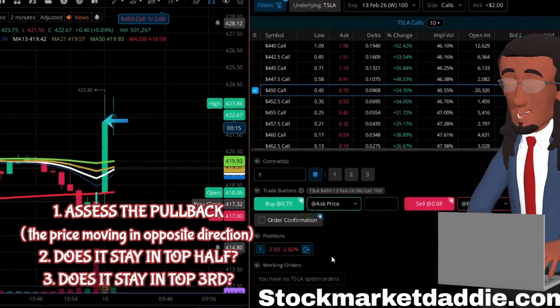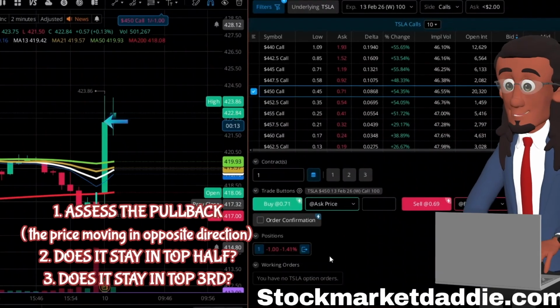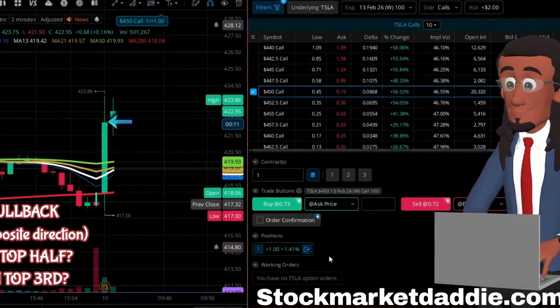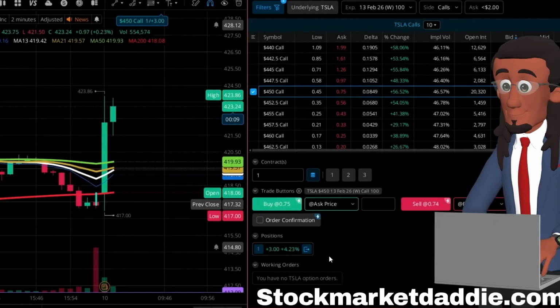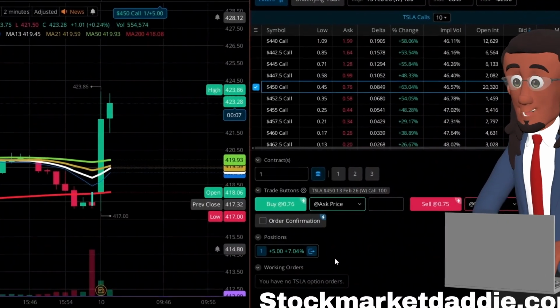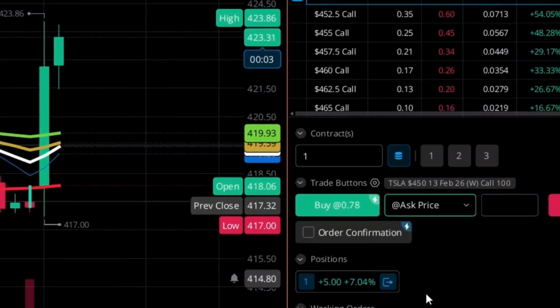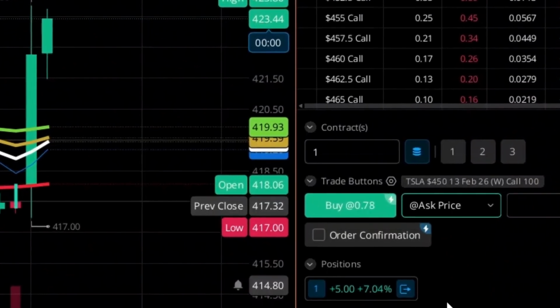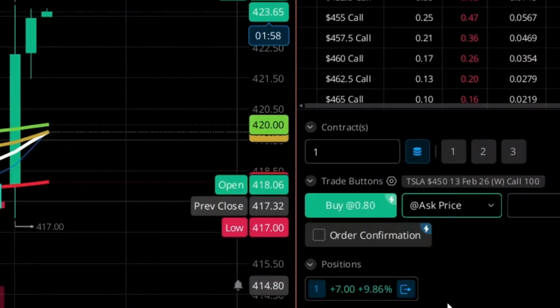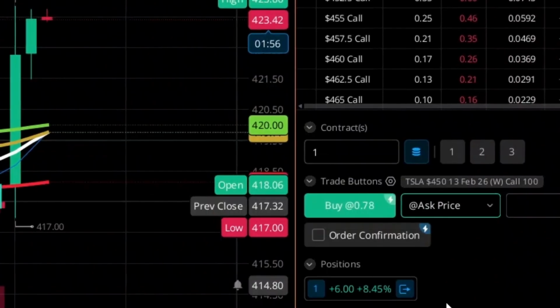If it stays in the top third, great. If it stays in the top half, good. Top third means it's very probable that we're going to go to a new high. If it stays in the top half, it's about 50-50 that we're going to go to a new high.